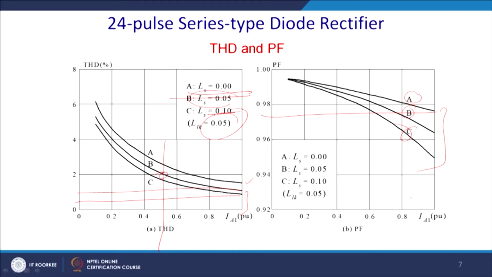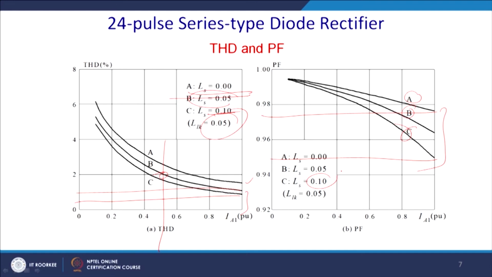So, now you have no problem, and C can reach around 93%, but generally C curve does not apply, because it requires huge source inductance and it is generally not externally connected.